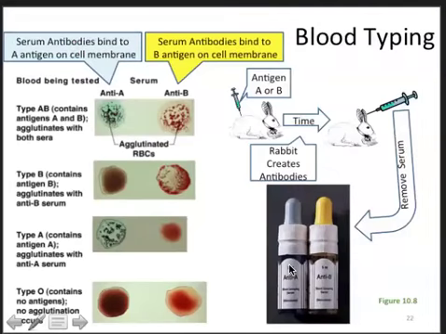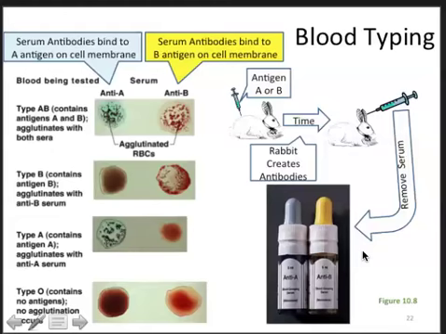What you're looking at here is simply a diagram showing you how we perform blood typing. We get anti-sera that we can purify from an animal such as a rabbit that'll contain antibodies against the A or the B antigen, or in some cases we'll also make antibody against another antigen called the D antigen, which is part of what we call the RH group.